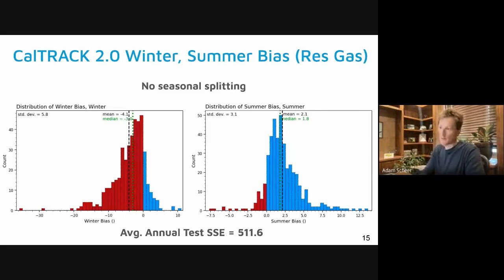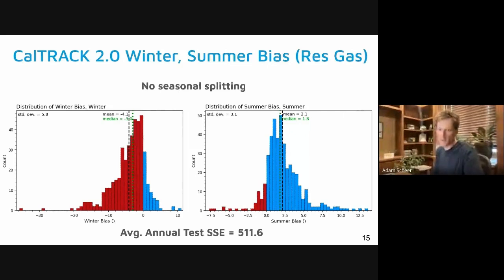And if I remember right, the number was something like winter bias was -14%. Here we're just looking at it on an absolute basis, but if you're thinking in percentages, this amounts to about 14% of total consumption.